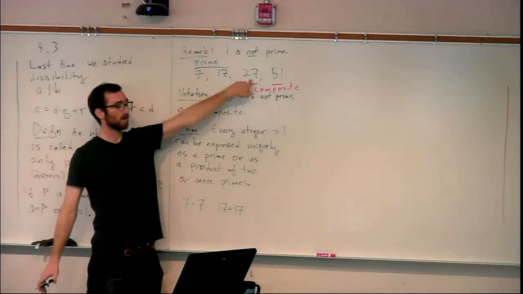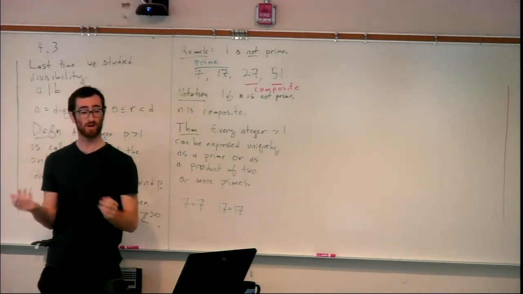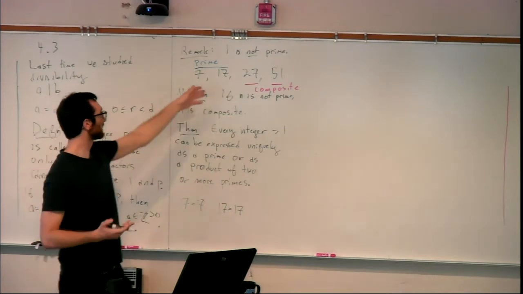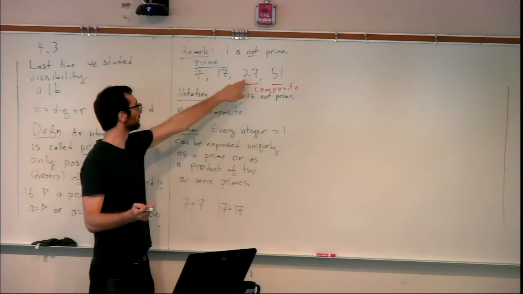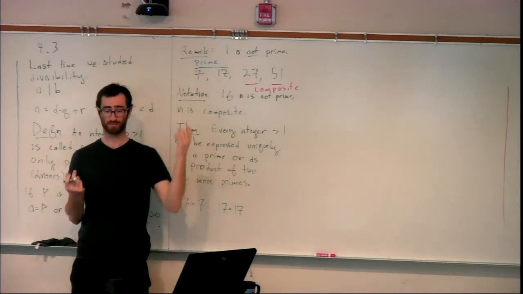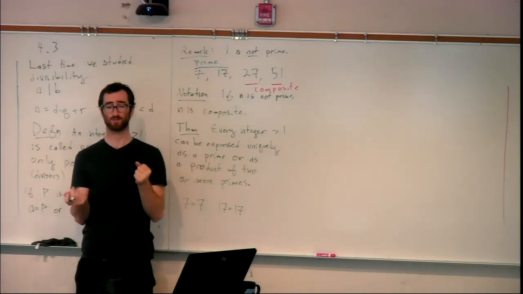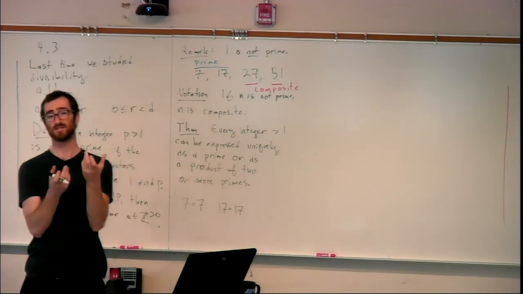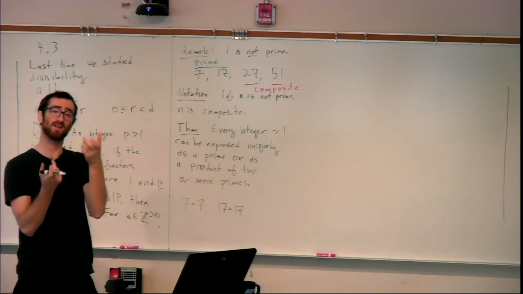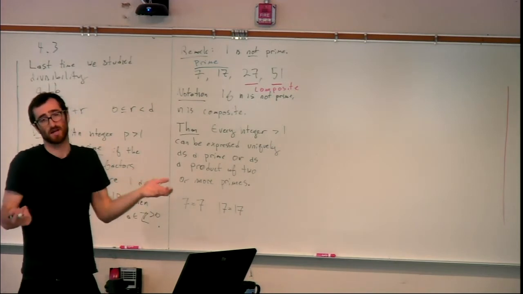But 27, on the other hand, looks quite different. 27 is divisible by 3. So I already know that I have a factor of 3 in the prime decomposition of 27. And then since 27 is 3 times 9, I just need to think about what the prime factorization of 9 is. 9 is just 3 times 3.